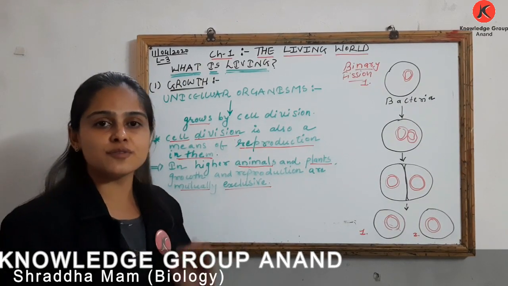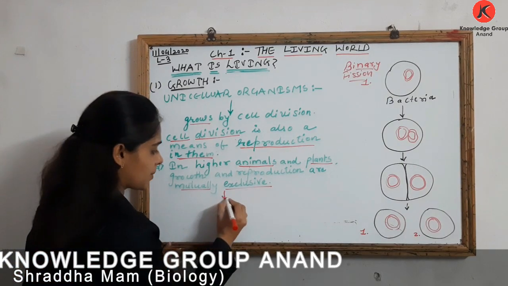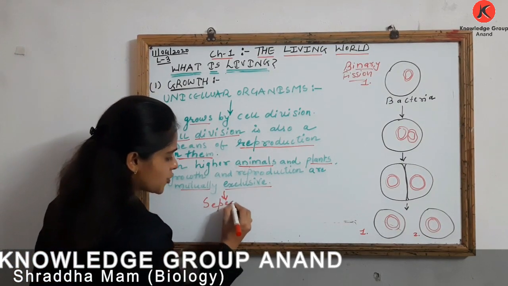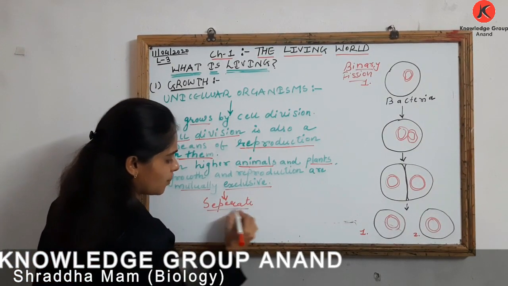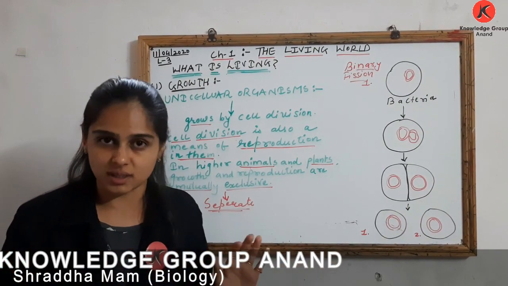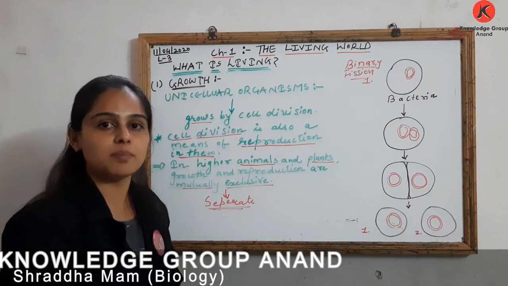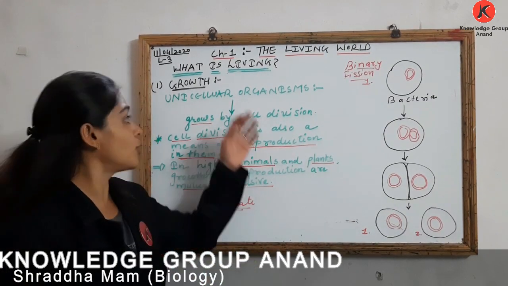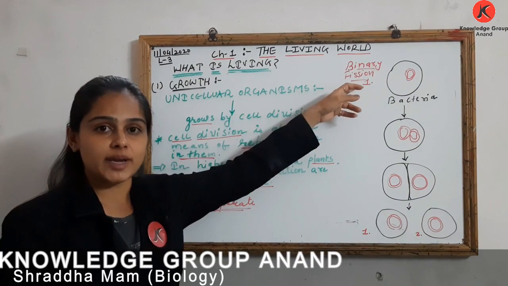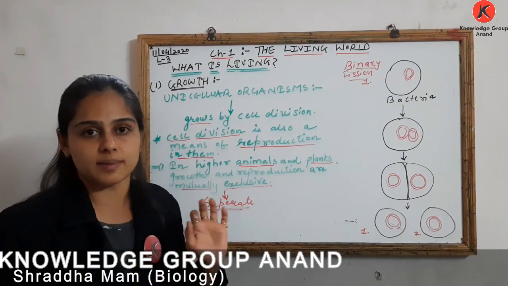Mutually exclusive means separate processes. What does this mean? The meaning is very simple, both are different, separate processes in higher animals and plants. Whereas if we are talking about unicellular organisms like bacteria, your growth and reproduction mean the same. Okay.